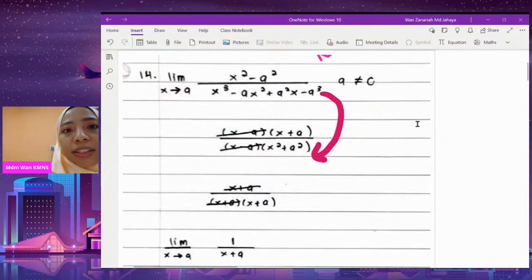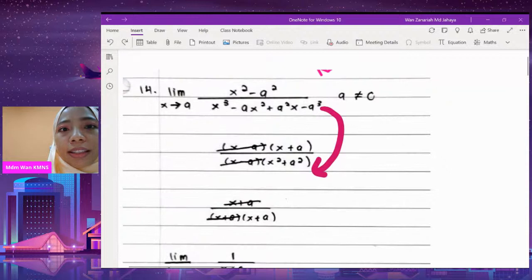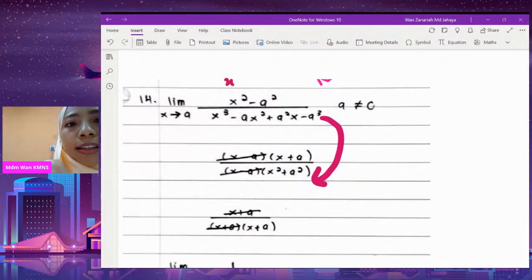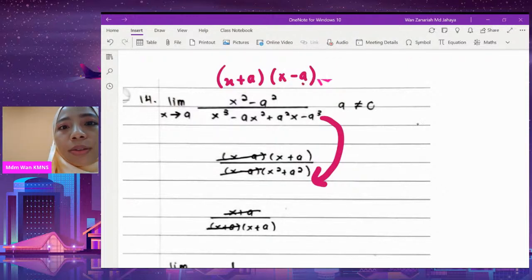All right. So this part here, this is basically x plus a, x minus a, right? So one of those might be the factor of this. Of course, first of all, apa yang you buat, I assume that you have substituted a for x.